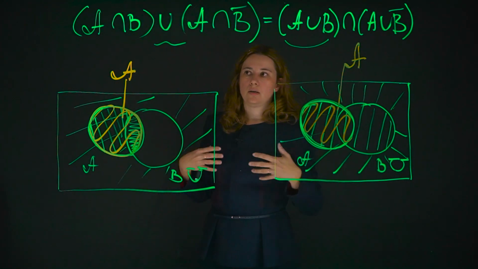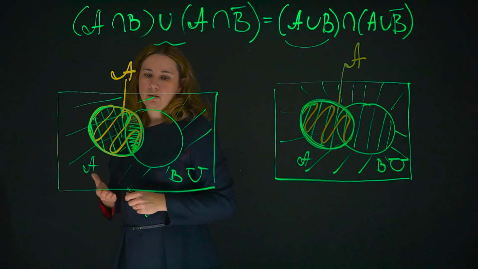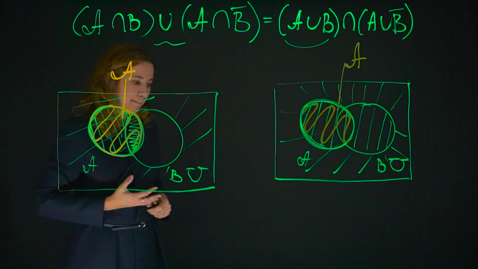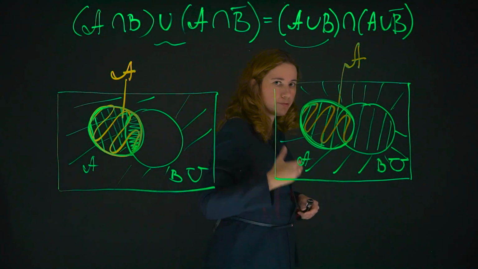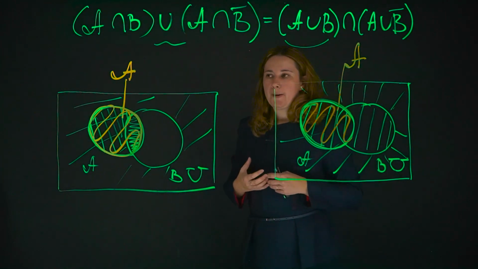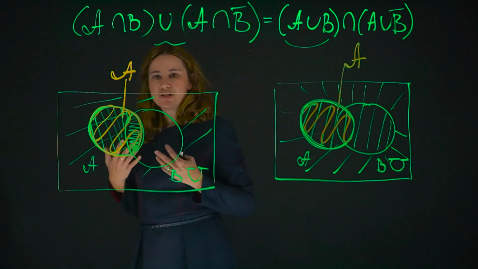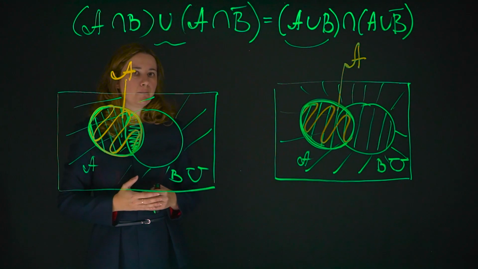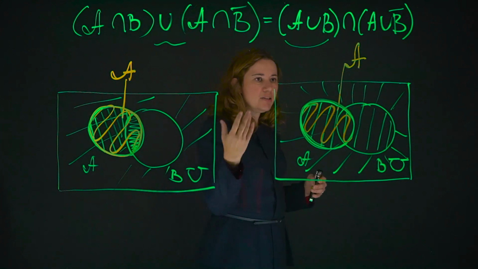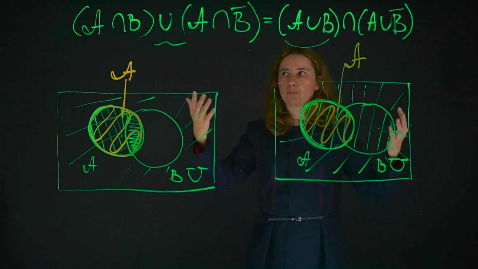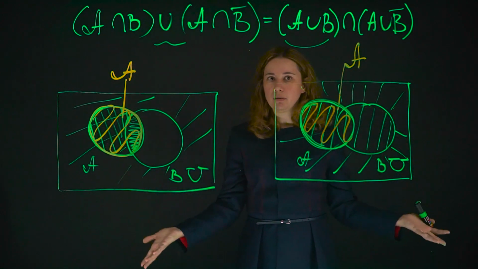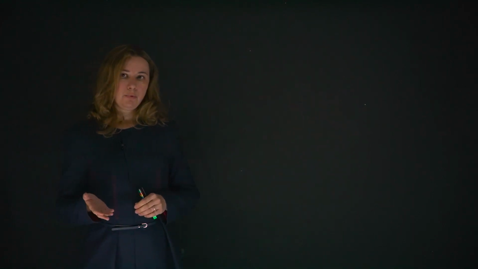But the Venn diagrams cannot be used as a formal proof. We can use them only as an illustration because, for example, we don't consider different relative positions of our sets A and B.